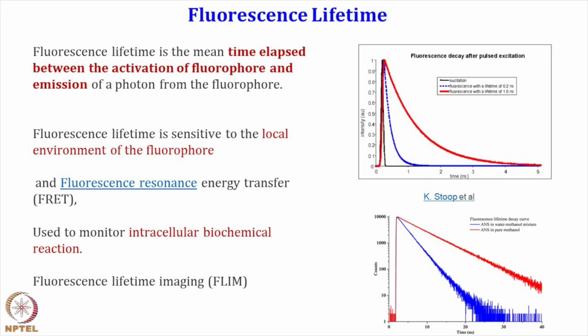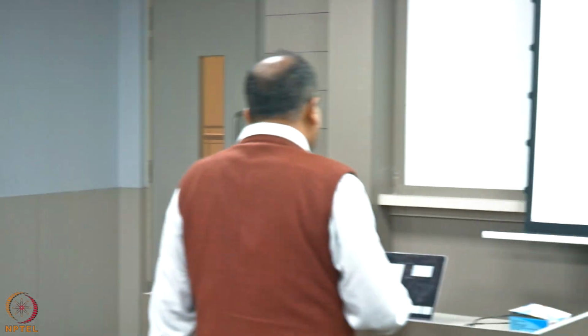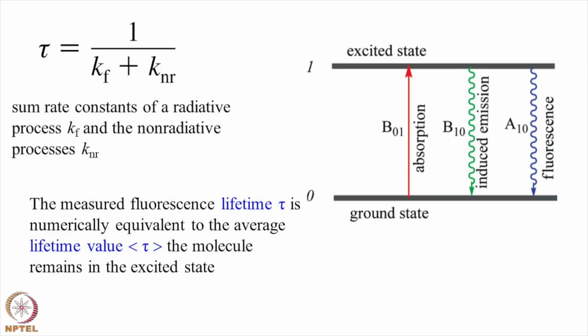Those distances can be measured by this technique called fluorescence resonance energy transfer. You can use it as a monitor for intracellular biochemical reactions. Another concept that we will be discussing is fluorescence lifetime imaging microscopy, FLIM. The concept remains very simple. Lifetime is nothing but the rates of radiative and non-radiative decay, right.